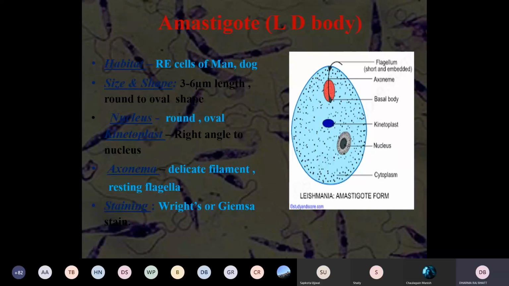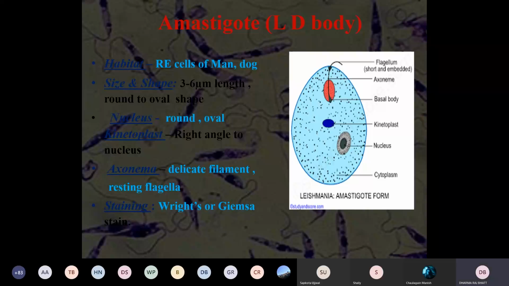Now, since in the picture we have seen these LD bodies just similar to granules or like cocci, we can differentiate these structures from cocci, particularly staphylococci, streptococci and all, by looking at their size.